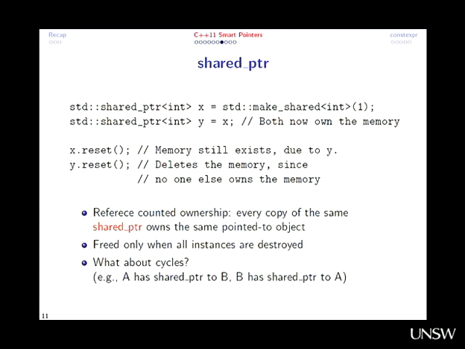A contains a shared pointer to B. B contains the shared pointer back to A. Down here, inside the function foo, I create auto p, which is a shared pointer to A. So A gets constructed, creates B, and passes the shared reference back to itself.